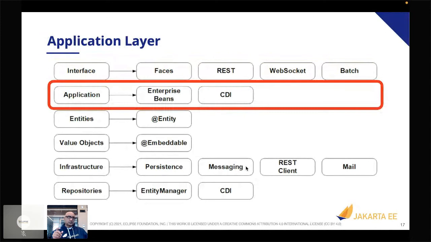So it is a perfect place to serve as transaction boundaries, or where you apply declarative role-based security, or potentially where you would want to apply asynchrony. That is why it actually makes a lot of sense to implement these application tier objects using enterprise beans or CDI. You can use CDI and apply the transactional annotation and hopefully even more EJB-like services going forward. That's how that layer will typically be implemented, at least in Jakarta EE.